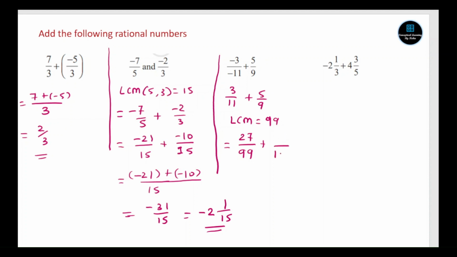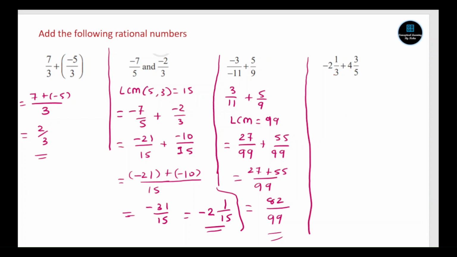I'll multiply it by 11 to get 99. So I'll get 55. If I add them, what do we get? 27 plus 55. Alright. So we'll write this as 82. And now this is my answer. Right? Okay. Perfect.